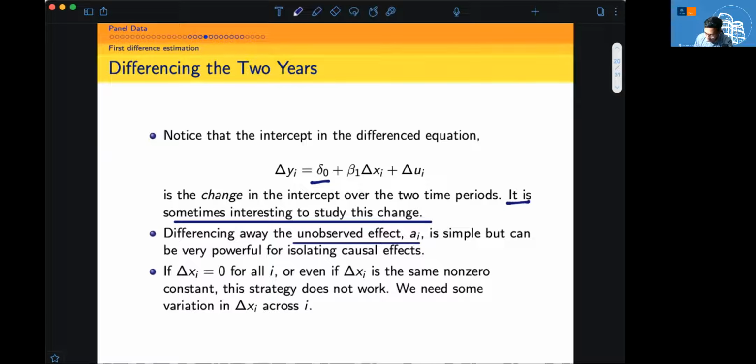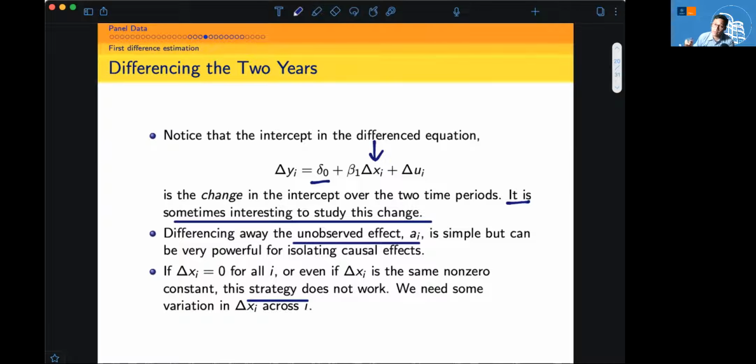If delta X is 0 for all i, or even if delta X is the same non-zero constant, the strategy doesn't really work. It means that if X doesn't change over time, then the first difference strategy doesn't work.